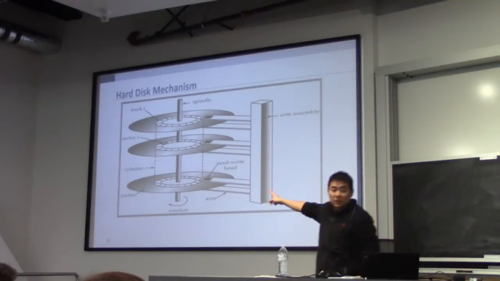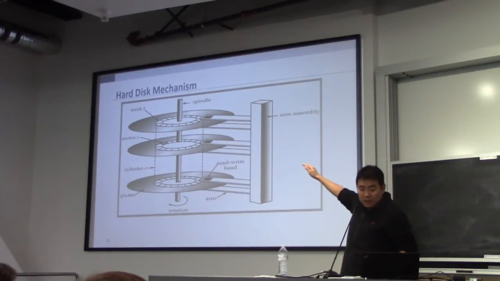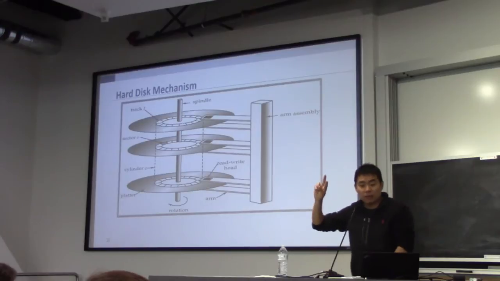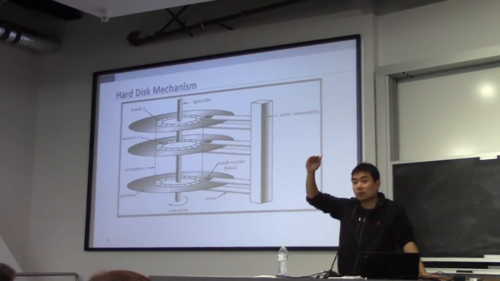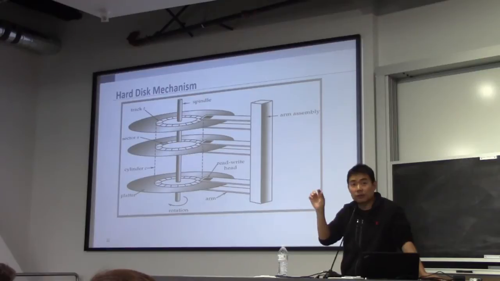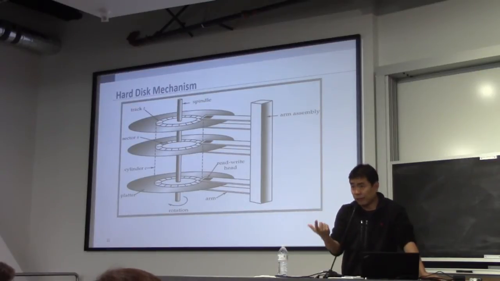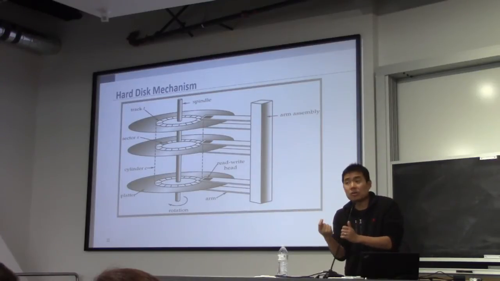You have a spindle in the middle that rotates all the time, and then you have multiple what we call platters, and each platter typically is double surfaced. The upper layer and lower layer, they are double surfaced. Each surface is essentially a magnetic field that's able to store your data using this magnetic charged field, right?